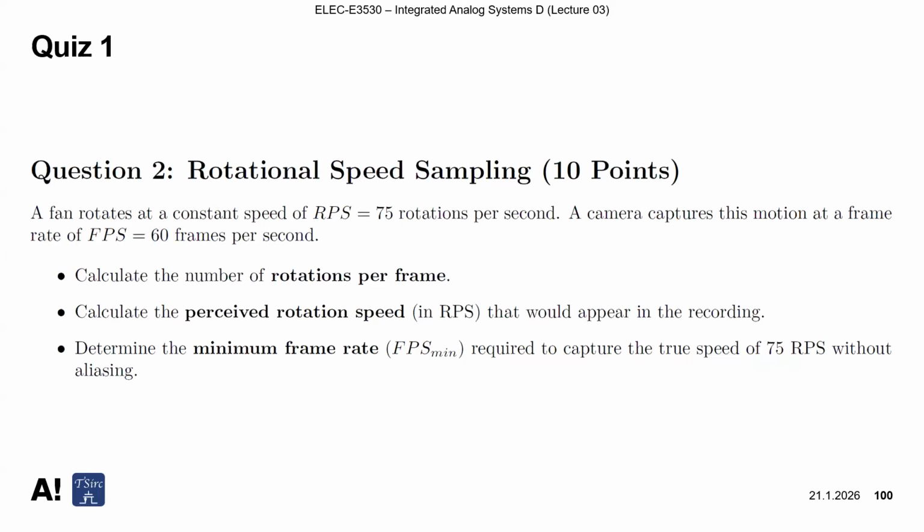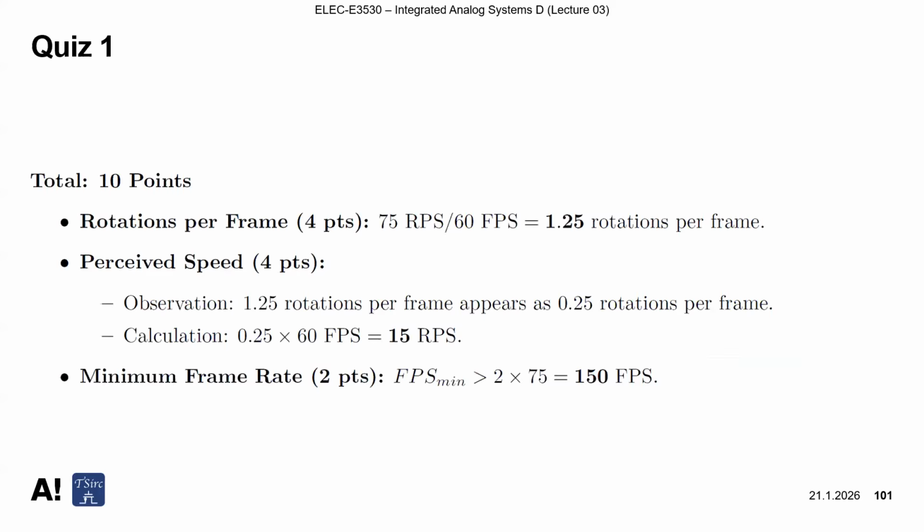Then we can calculate the number of rotations per frame and calculate the perceived rotation, how it appears to our eyes, for the rotation speed that would appear in the recording, and determine the minimum frame rate. The minimum frame rate is very similar to what we have seen in the previous question, required to capture the true speed without aliasing. So this is the result, the solution of the question.